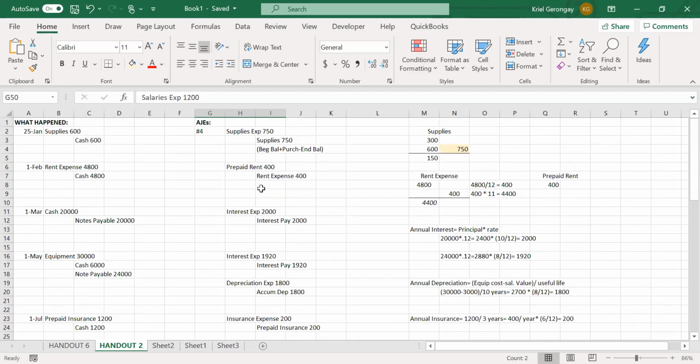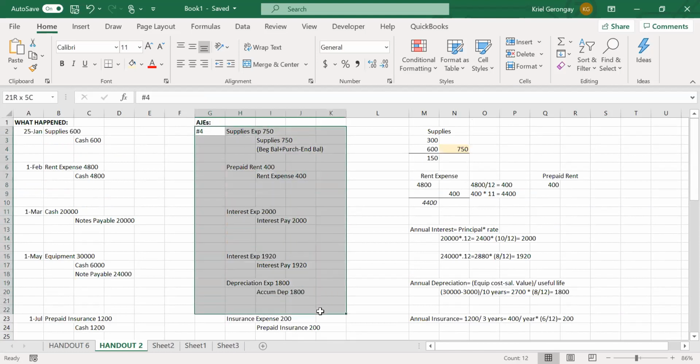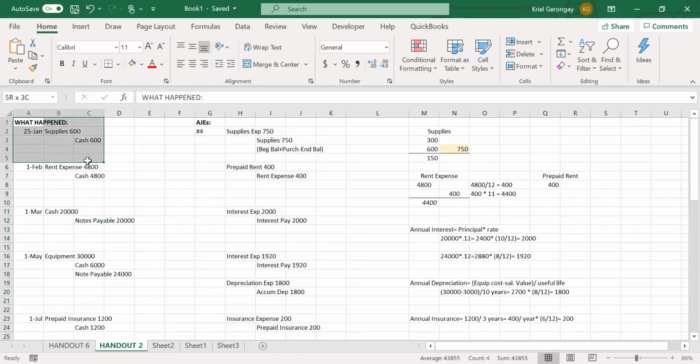But on your exam, the adjusting journal entry section would be your answers. If you have information like the first one, that tells you a company purchased a $600 amount and gave you the ending amount, you're going to need to follow these steps.